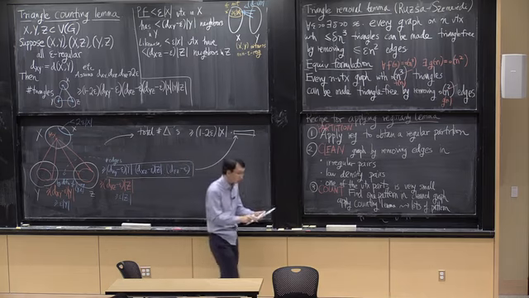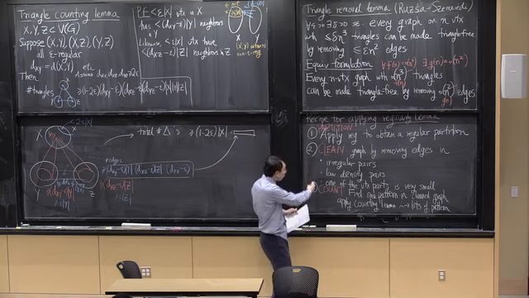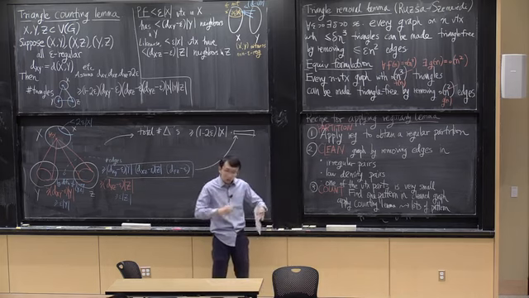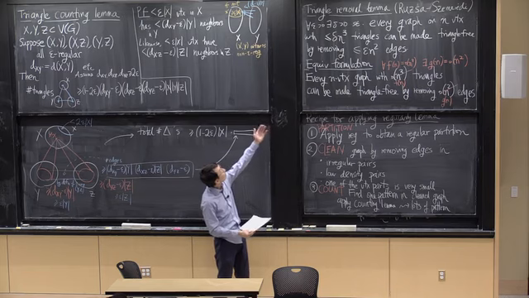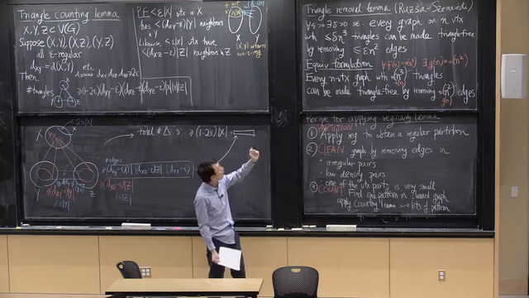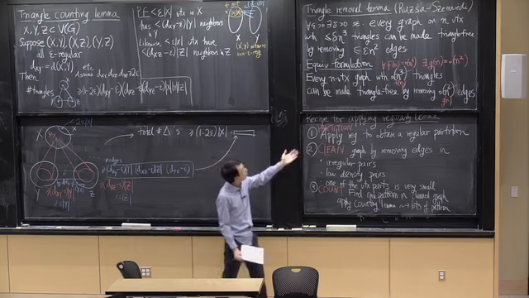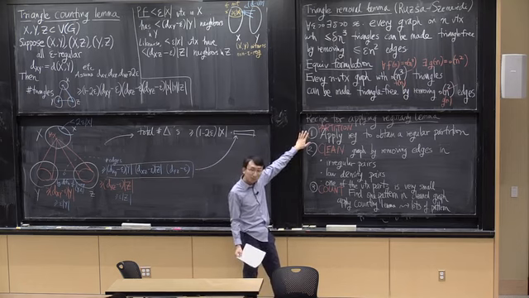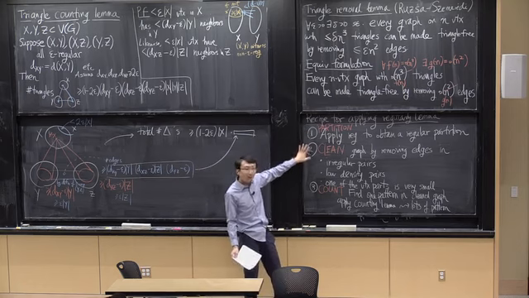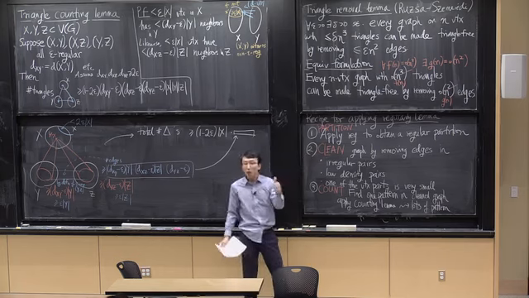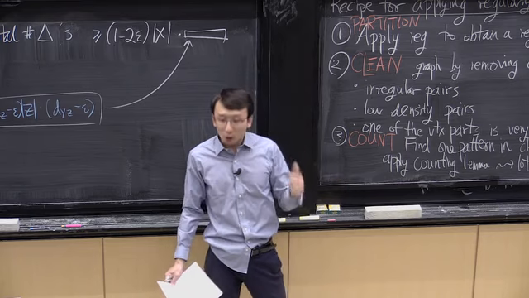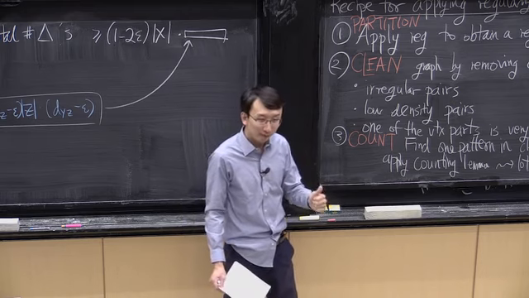We'll see the details in a bit, but if we run through this strategy, you give me a graph that, starting from the triangle removal lemma, has a small number of triangles. You apply the partition, clean it up, and I claim this cleaning removes a small number of edges, and it should result in a triangle-free graph.